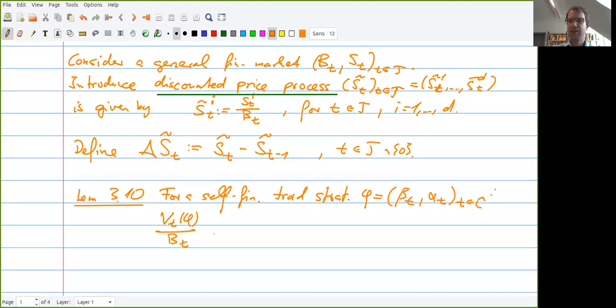Discounted means we discounted by the risk-free asset, and this is equal to the initial capital we have at time 0, plus the gains we make in the trading periods up to time t, summed up. Phi at time t minus 1 is the position we hold during the t-th trading period, and these are the discounted gains we make by holding this position.